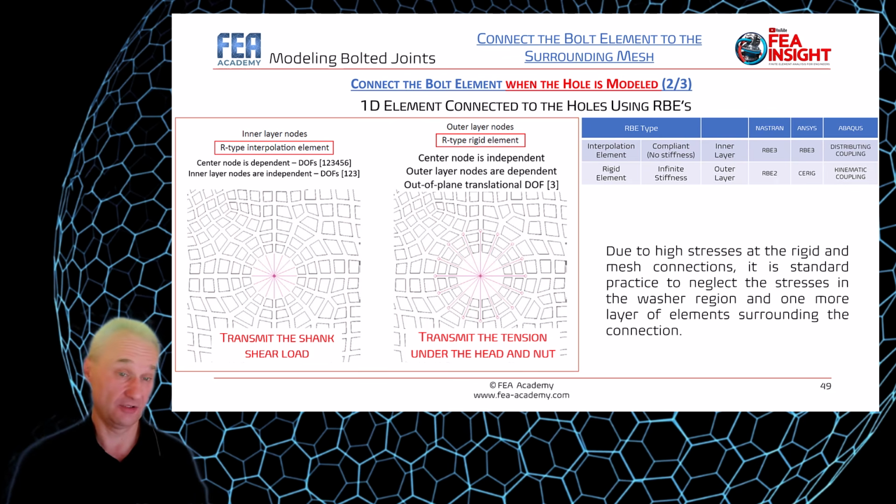But the load that you are going to capture in your bolt, your 1D spring or 1D beam element, will be correct. The behavior of your joint will be correct.